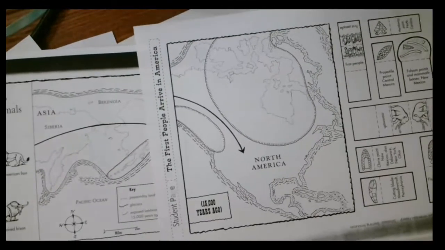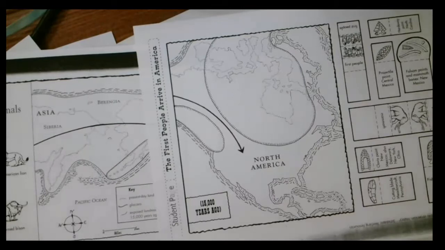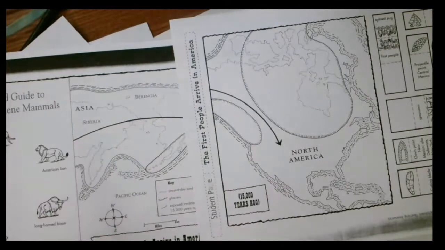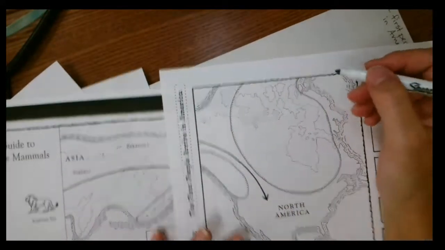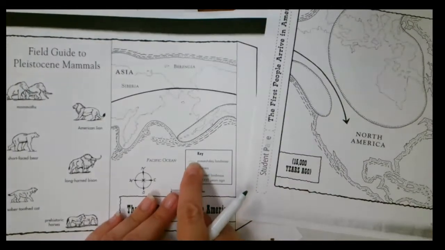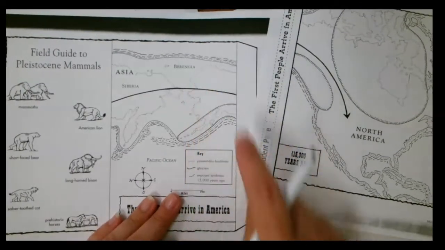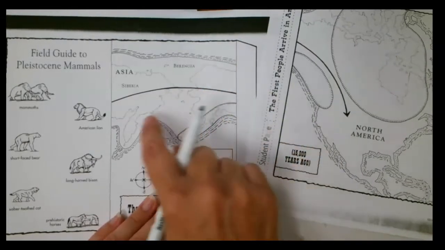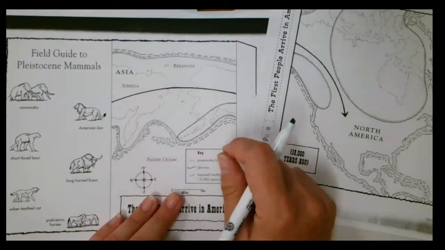It's in 2 parts, and the first job you have is to color the parts. So I'm going to start by coloring my land masses green. Now, if I look at the map key, it tells me the light dots are the present day land mass. That's the coast of Alaska today, and that's the coast of Russia today, right?